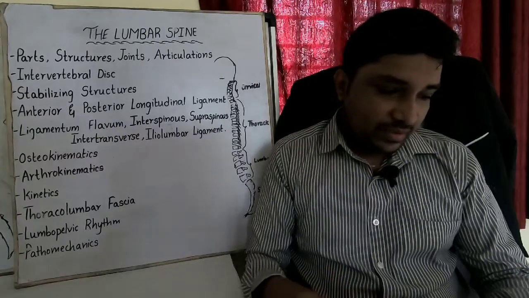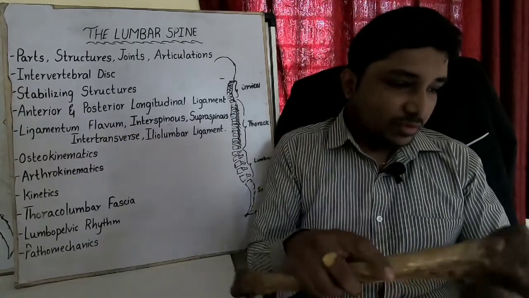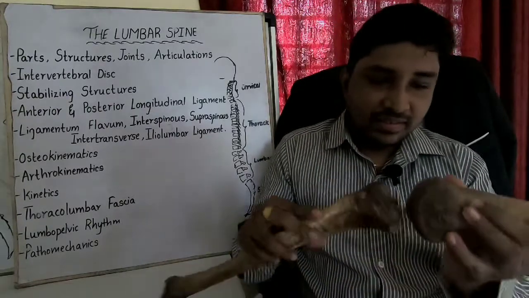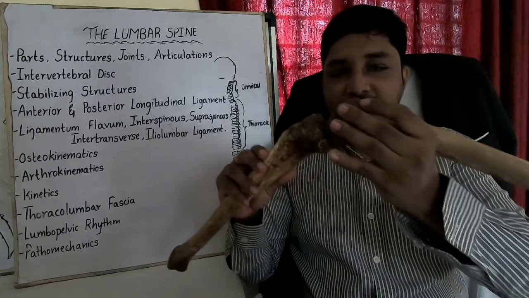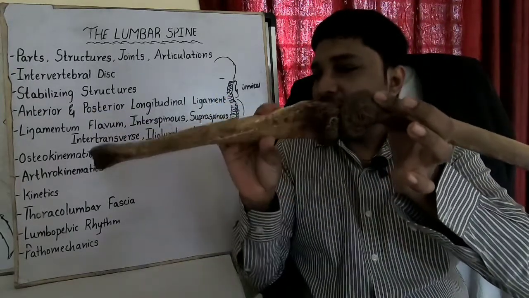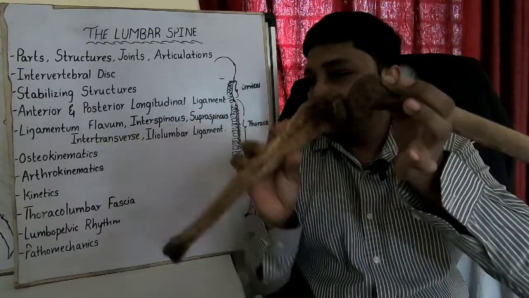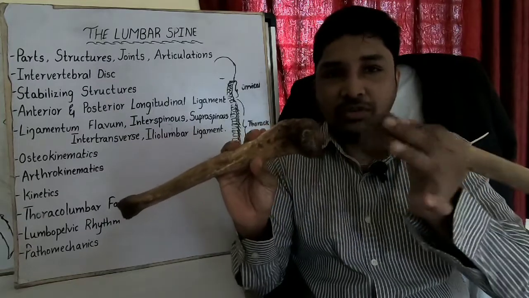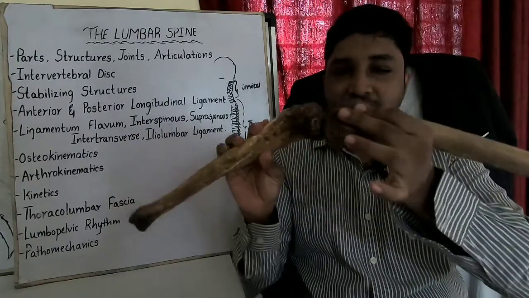Before going further, many students get confused between osteokinematics and arthrokinematics. The difference is simple. As you can see in this knee joint, when I move like this, the discussion about the movement of the bone, like flexion and extension, is osteokinematics.